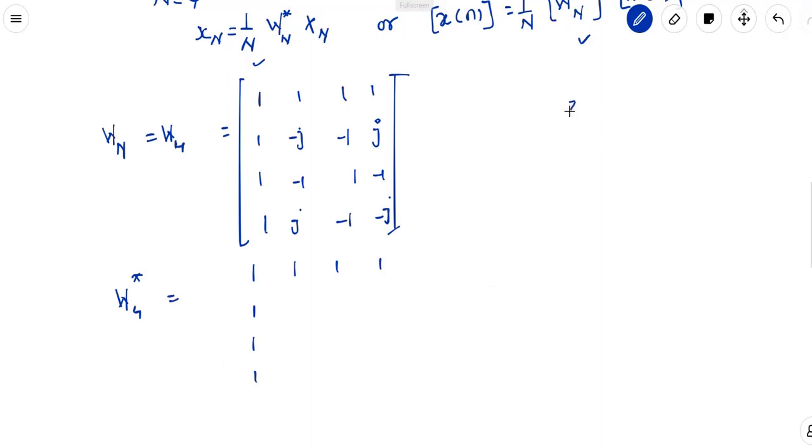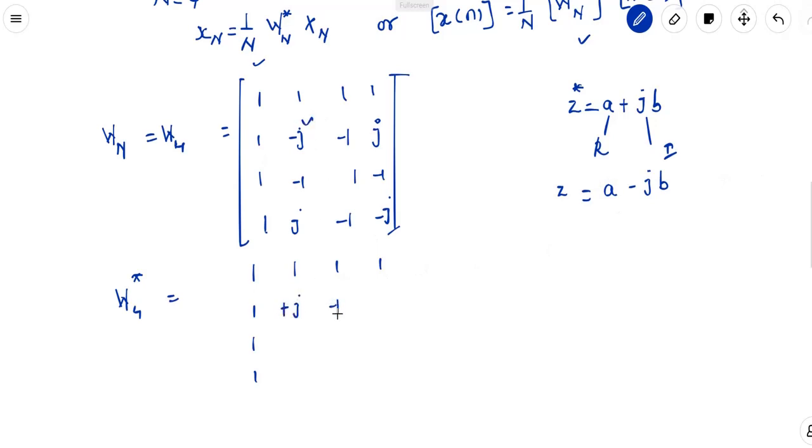For example, z is equal to a plus jb, where a is real and jb is imaginary. If I take a conjugate, the real part will not change, it will be the same as it is, but the imaginary part becomes minus j of b. So you have a minus j here, this becomes plus j.